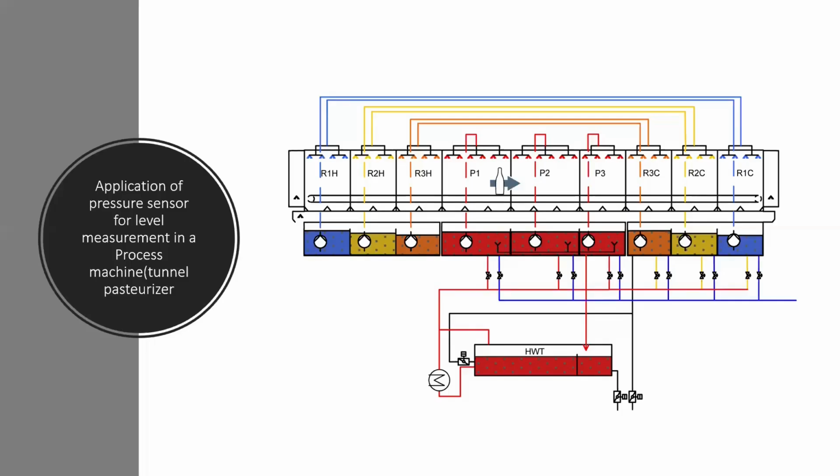If you look at the next slide, this is just a PID drawing for a tunnel pasteurizer. In a tunnel pasteurizer like this, from the R1H zone down to the R1C zone, you have water in the tanks. This needs to be maintained during production in industries. The same applies to R2H to R3, R2C, and vice versa.